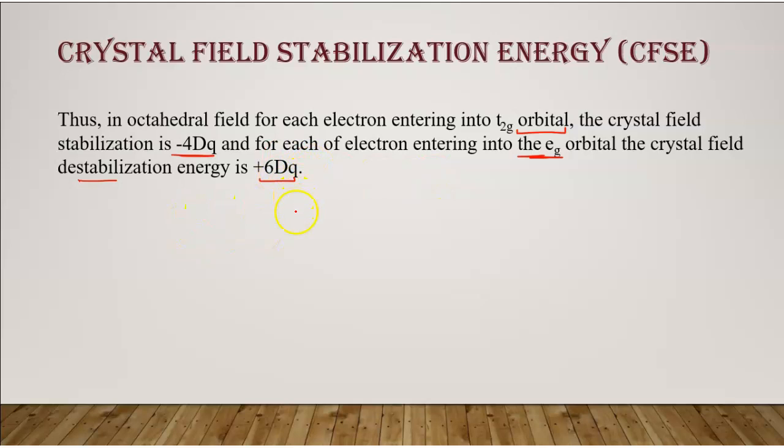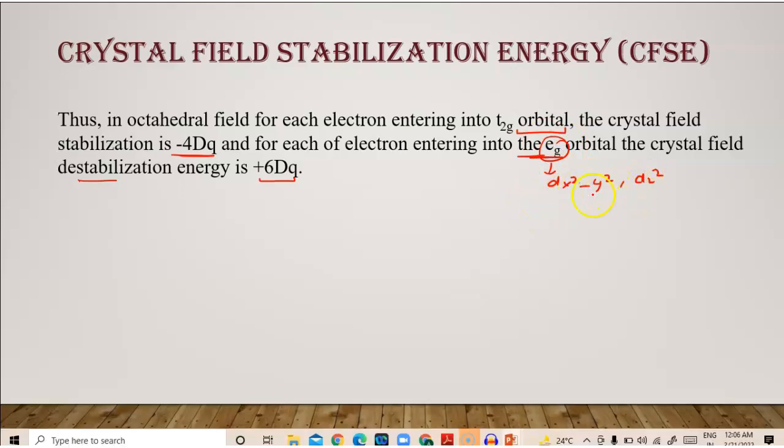Because those two orbitals are less stable as compared to the three orbitals present in your T2g, that is dxy, yz and xz. The reason being that the Eg orbitals, that is x square minus y square and dz square, are present in the direction of the incoming ligand, resulting in greater repulsions, which is why your energy increases and stability decreases. So here comes the crystal field destabilization energy for Eg, that is plus 6 dq.